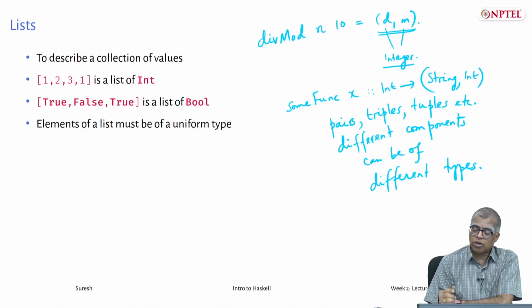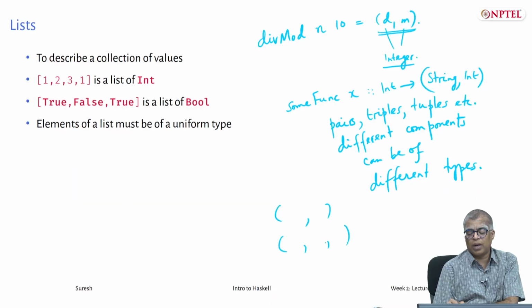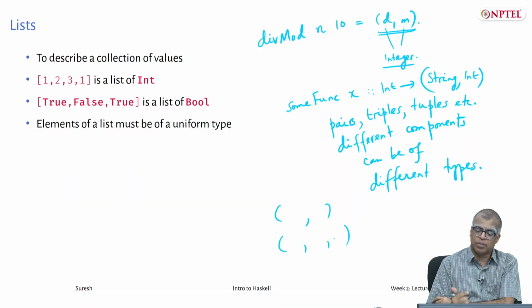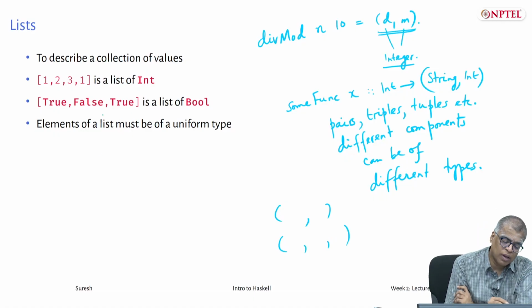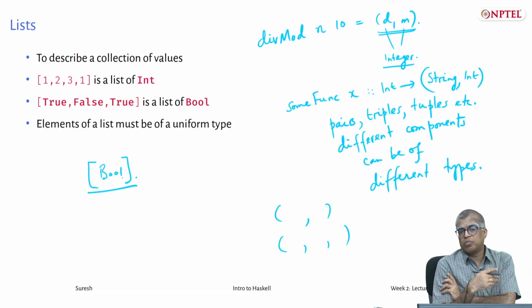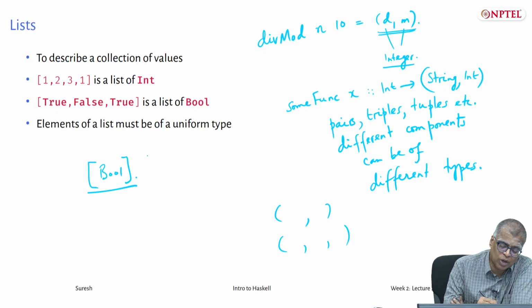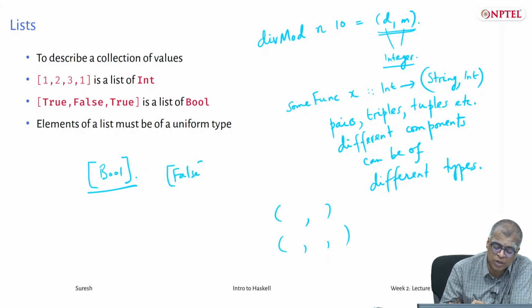There is a difference though. If I talk about a pair, it can only store two elements. If I talk about a triple, I can only represent three elements. But a list can represent any number of elements. So a list of bool, which will be represented as this type, can represent Boolean lists of any length whatsoever, but all elements should be Boolean. Let's see what are all the elements of type list of Boolean.